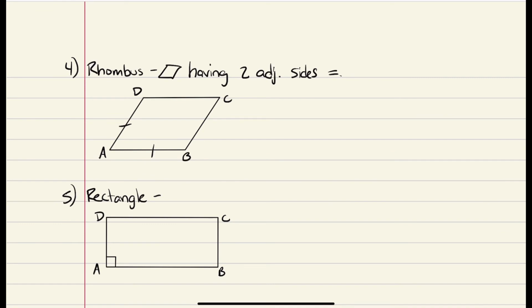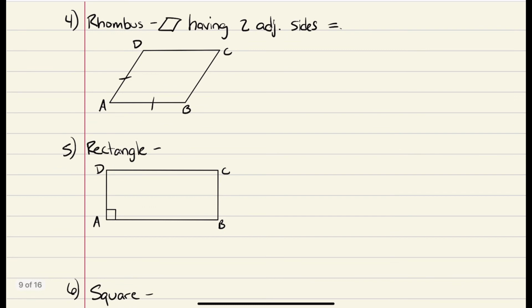All right, the 5th definition we'll talk about is a rectangle. A rectangle is a parallelogram one of whose angles is a right angle.